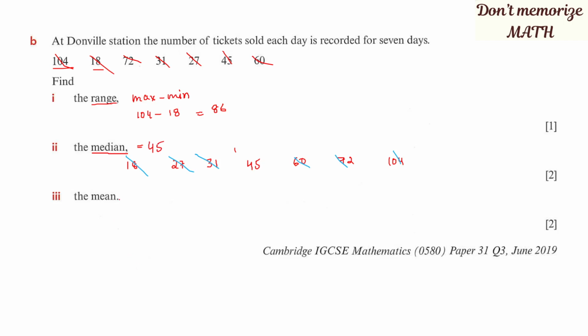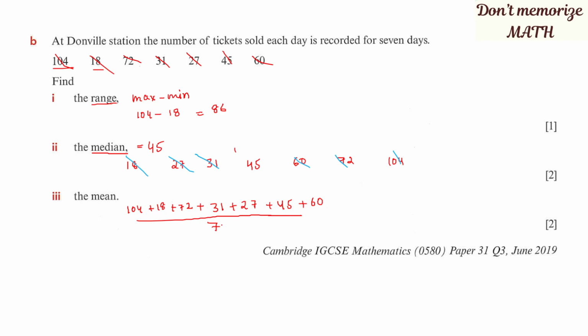Then mean is average. So mean is average, median is middle, mode is most common. Then mean means we need to add everything and divide by the total. So 104 plus 18 plus 72 plus 31 plus 27 plus 45 plus 60, whole divided by how many days they recorded it for, 7 days.